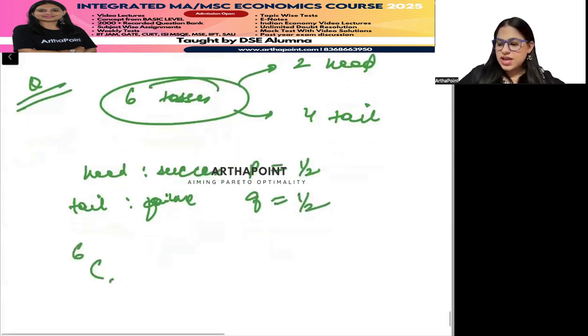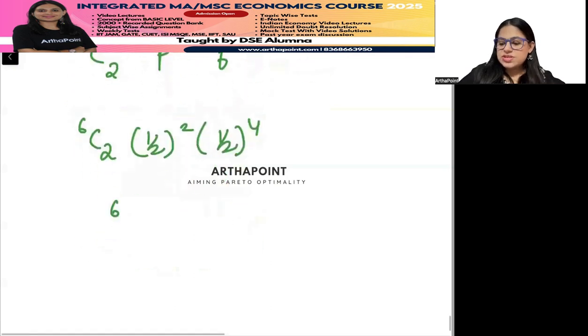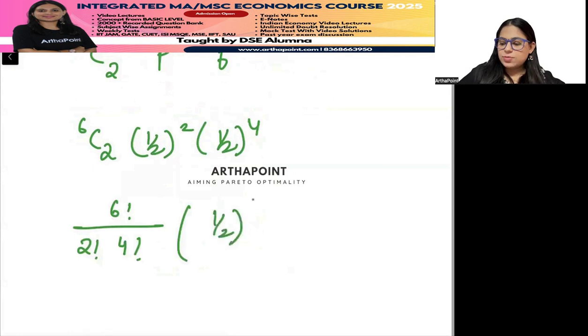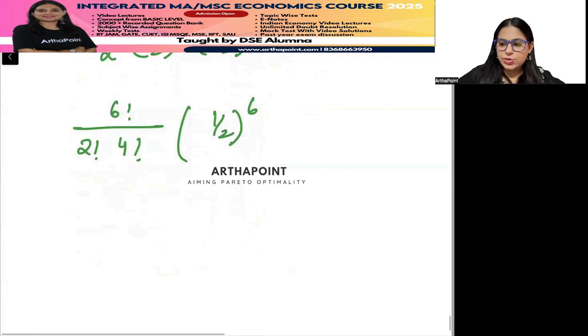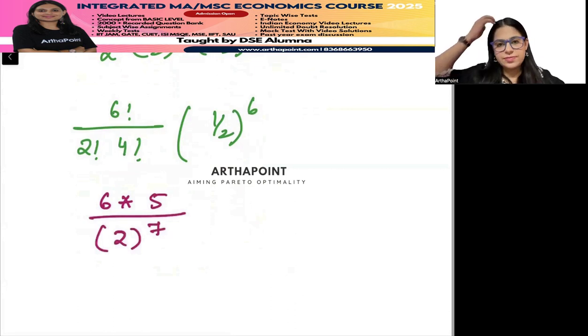So out of 6, I need 2 heads. P to the power 2, Q to the power 6 minus 2, which is 4. So 6C2, half to the power 2, half to the power 4. So this will be 6 factorial upon 2 factorial 4 factorial, half to the power 6. And just solve this. Are you understanding this? This will be 6 into 5 by 2 to the power 7.